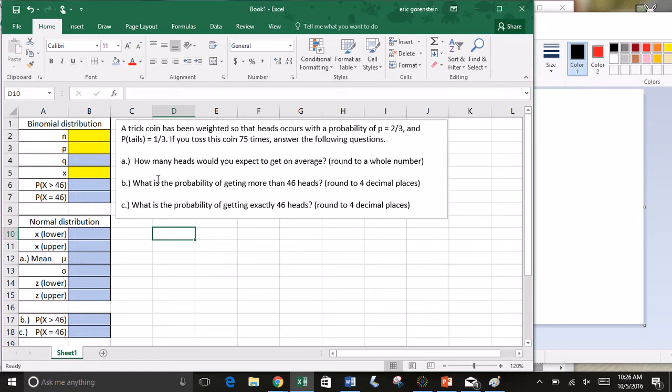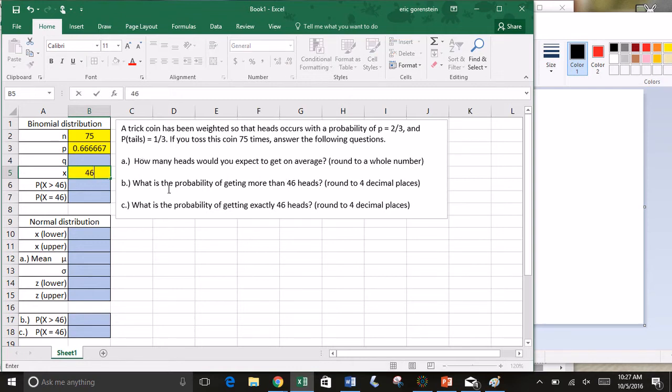So in this case, if you toss this coin 75 times, so this experiment has 75 trials, the probability of success is 2/3. So I'll say equals 2 divided by 3, and the number of successes I'm looking for is 46.